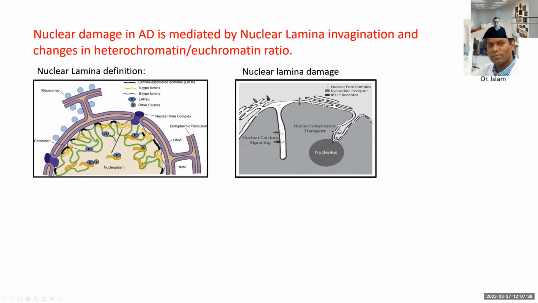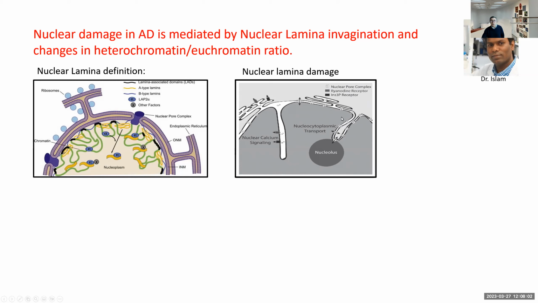And this changes a lot of things. One of the factors that is highlighted here is nuclear calcium, that in the nucleus we have a depletion of the nuclear calcium, and then also there is interruption of nucleocytoplasmic transport. There is an accumulation of RNA at the sites.